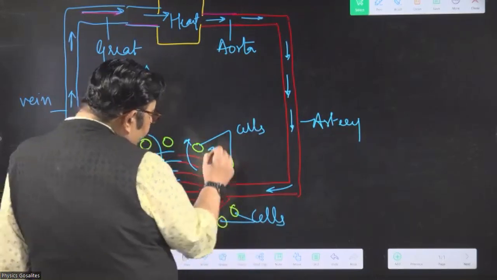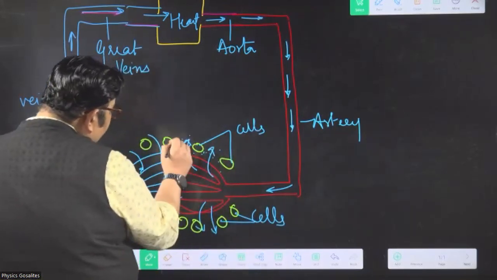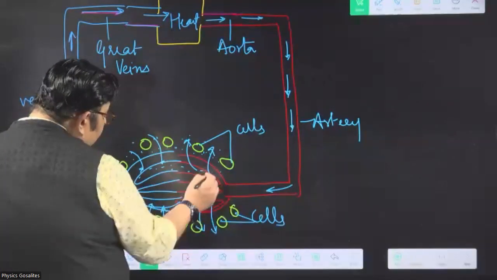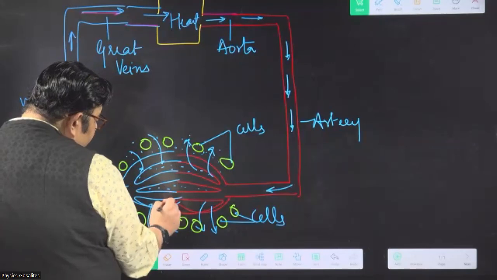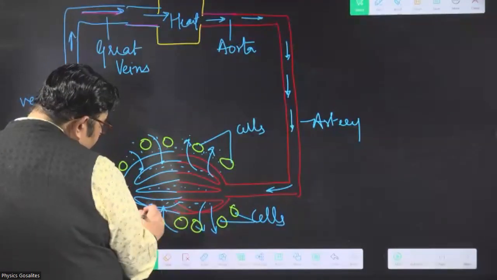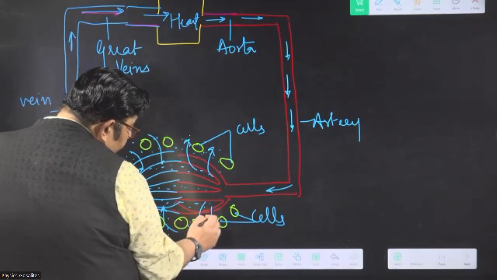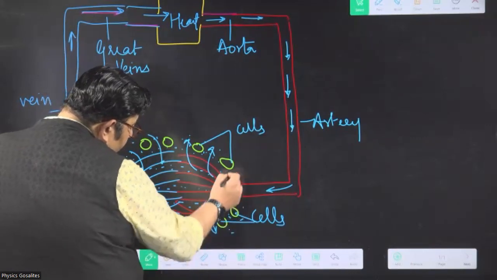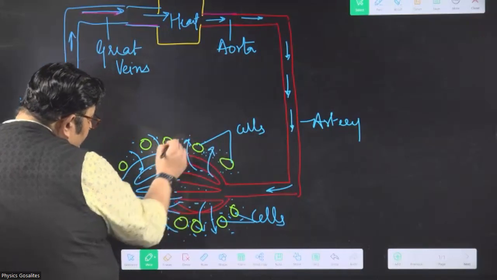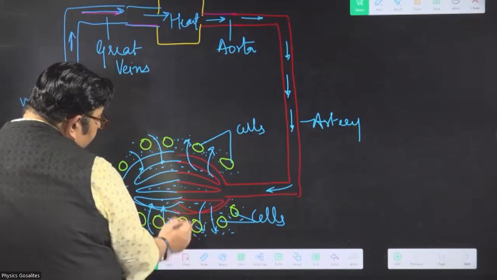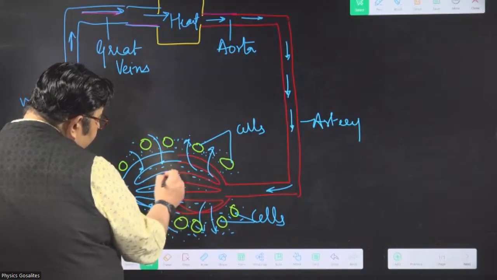And here we have the interstitial fluid, and this capillary system actually leaves some of the fluid in the tissues. It does not take back 100% of the fluid that comes out.